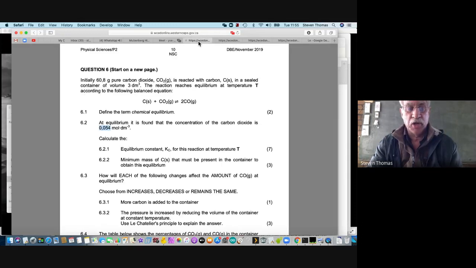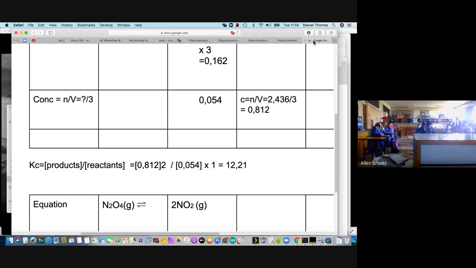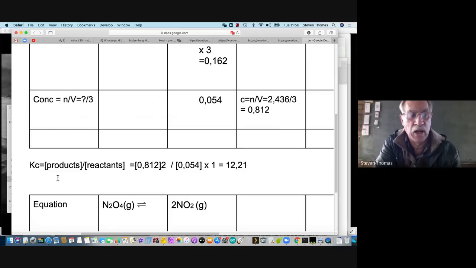So it says here, the minimum mass of carbon that must be present. So we used up 1.218 moles of carbon. Will you guys be able to convert that to an amount in grams for 3 marks? The answer is 14.4 grams. Well done.